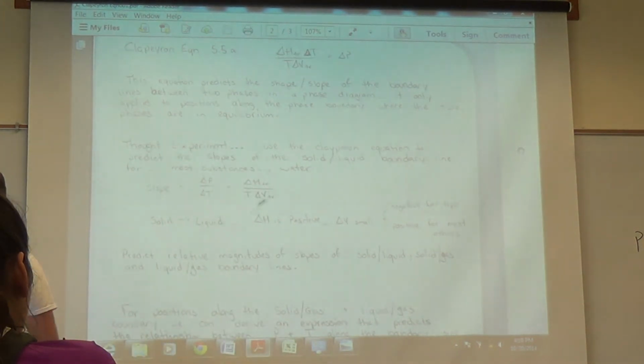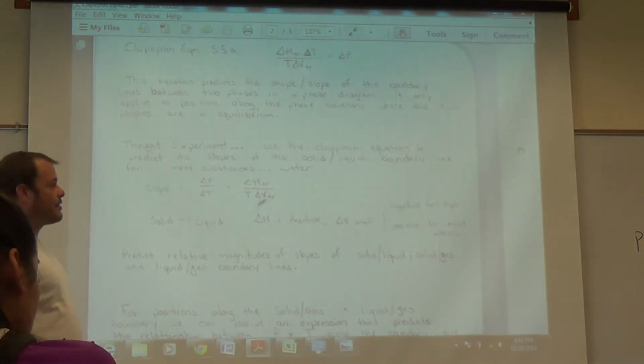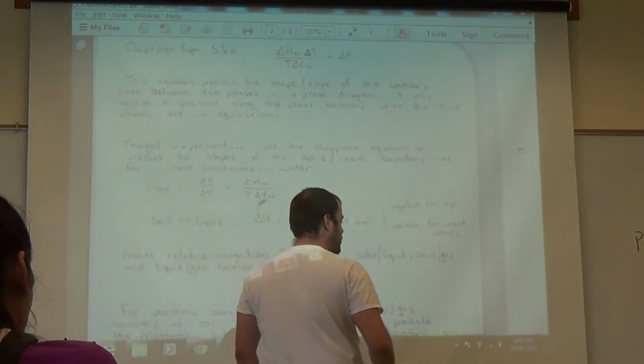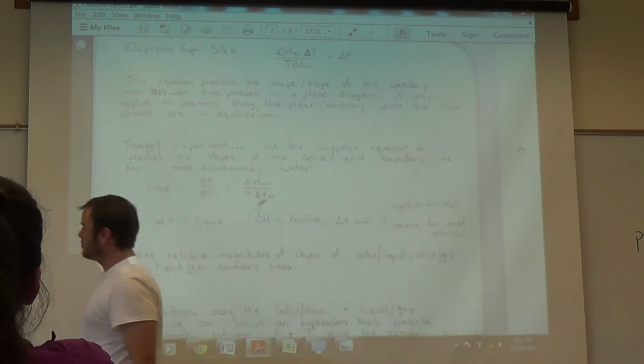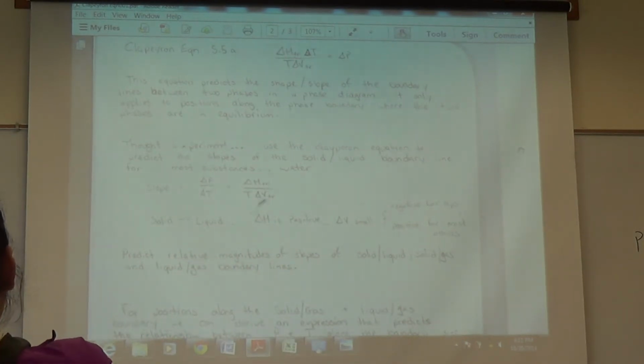If we're looking at one of these curves, let's pick the solid-liquid phase boundary.